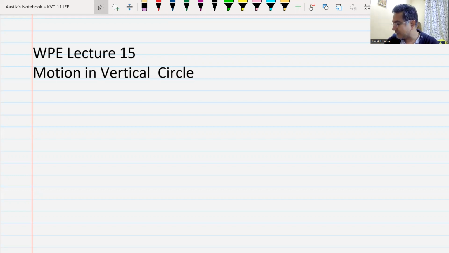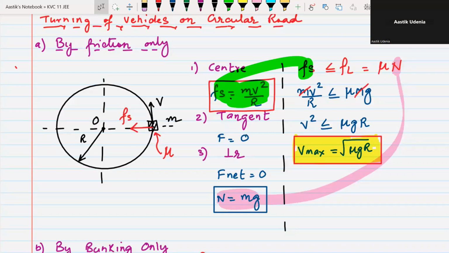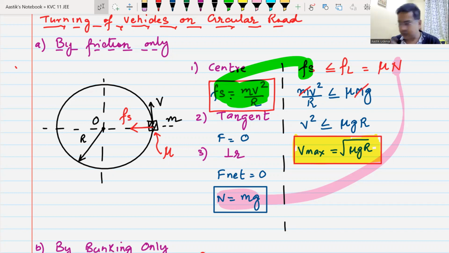What we discussed in the last class, I think we were discussing circular motion in a horizontal circle, and we had seen how we make equations of a horizontal circle and how vehicles turn on a circular road.